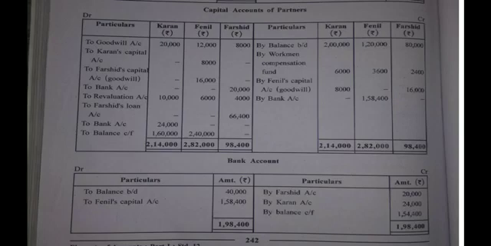If it was profit, it would have been transferred on credit side. It is loss here, and so the answer has been transferred on debit side of partners' capital accounts from revaluation account. Hope you all are able to understand.